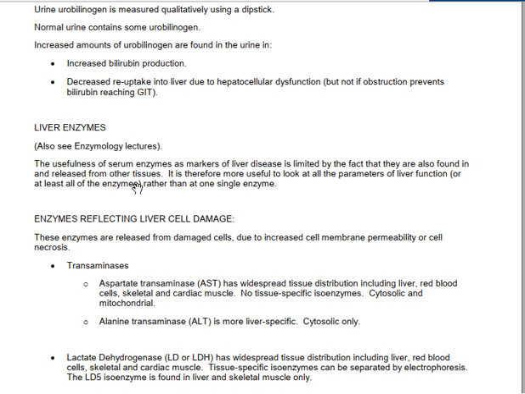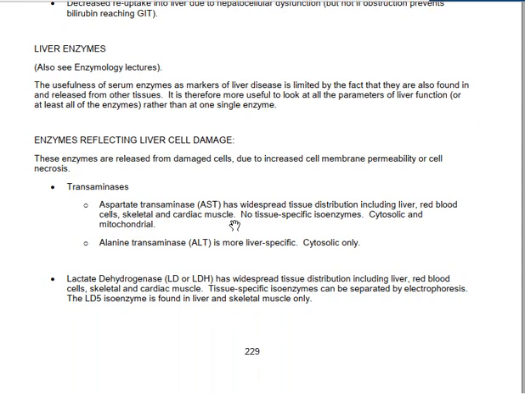Is it clear? Now, enzymes reflecting liver cell damage. The first one is the transaminases. Generally, you have two transaminases: aspartate transaminase and alanine transaminase. Aspartate transaminase has widespread tissue distribution, including the liver, the red blood cell, the skeleton, and the cardiac muscle.